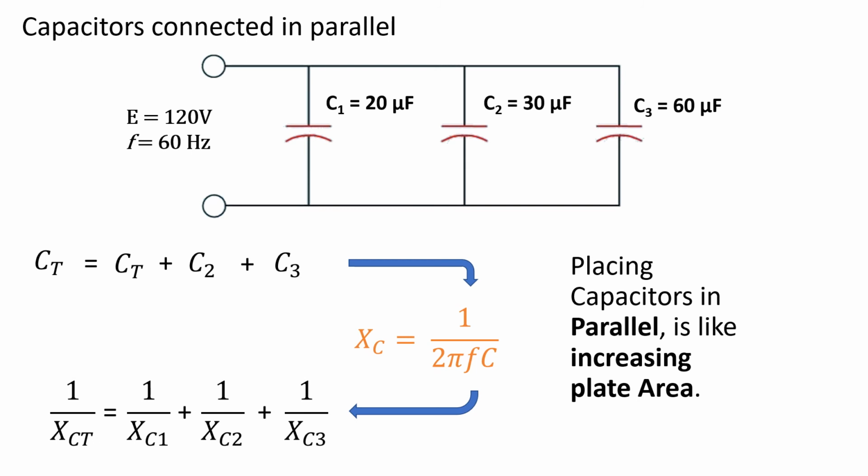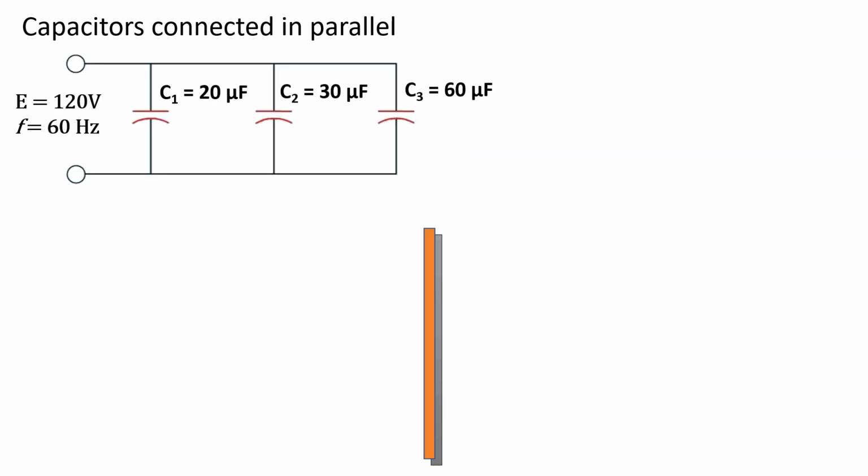So let's look at an example of a parallel capacitive circuit. We'll use the same values as we did before, just as we'll hook them up in parallel this time. Our total capacitance has changed.